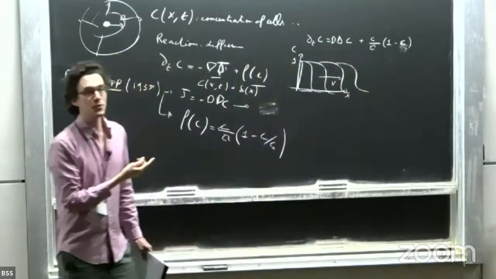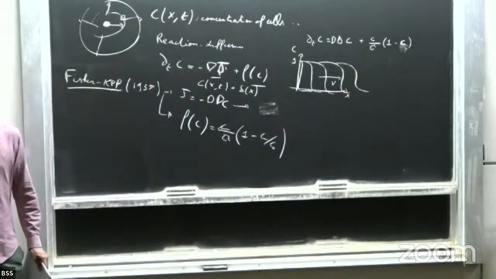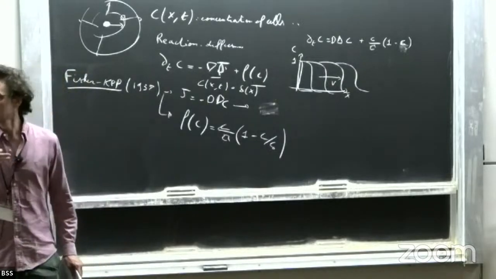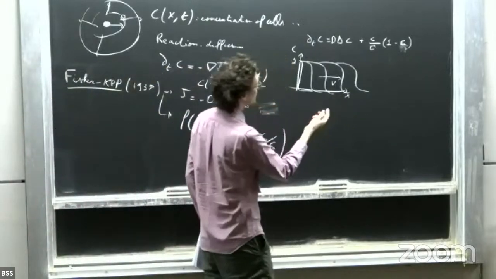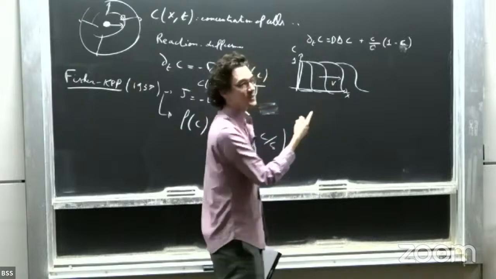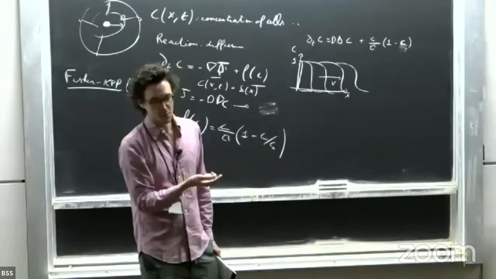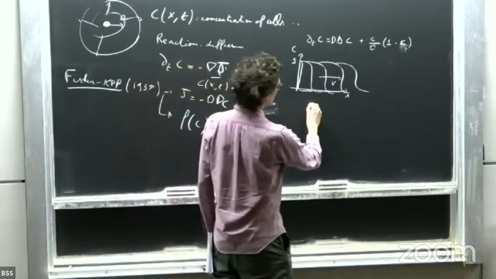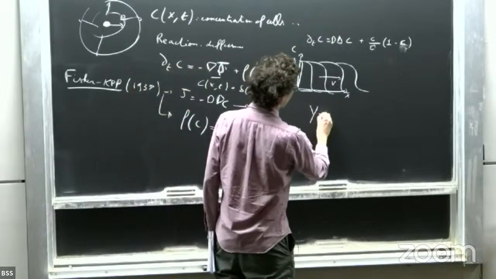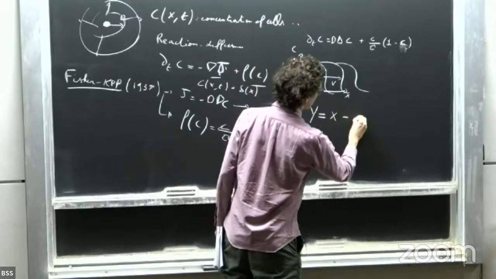That's a numerical result, where this super simple model gives rise to a traveling wave, or a traveling front, at constant velocity. The way you can show that very briefly is this: if you have a traveling wave, I should be able to go into a co-moving frame, which means I can redefine my coordinates.